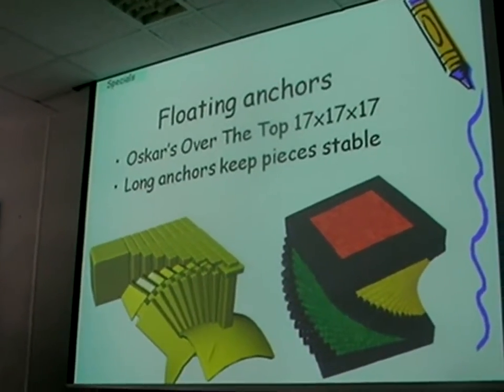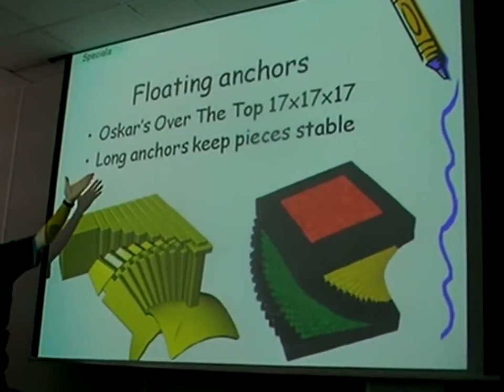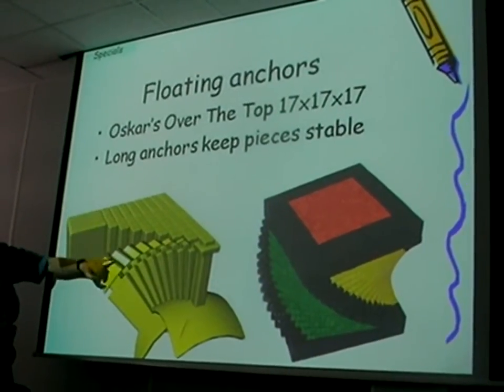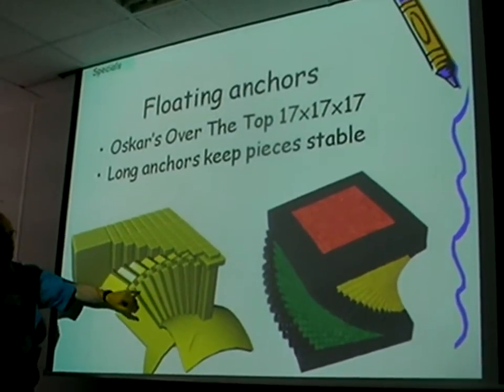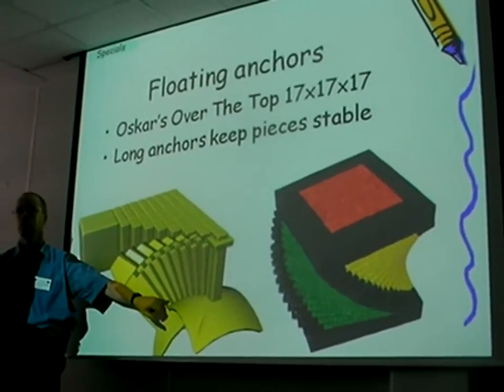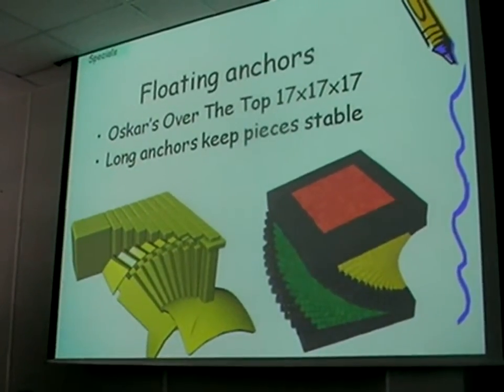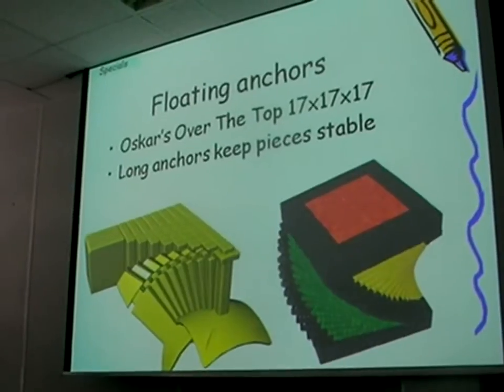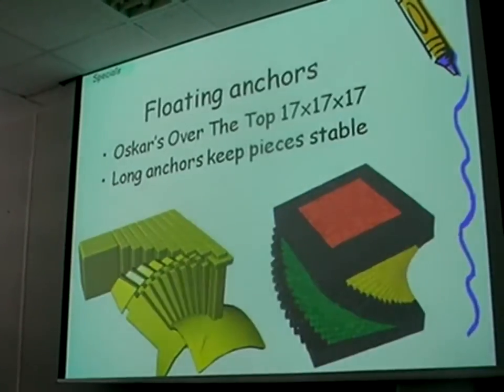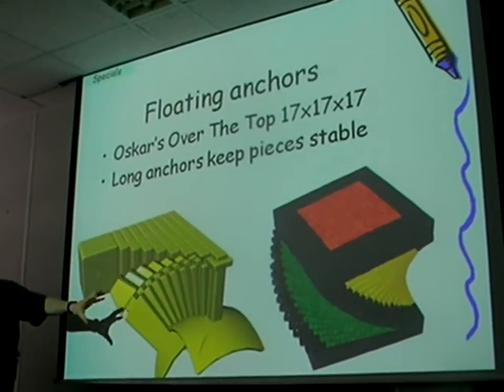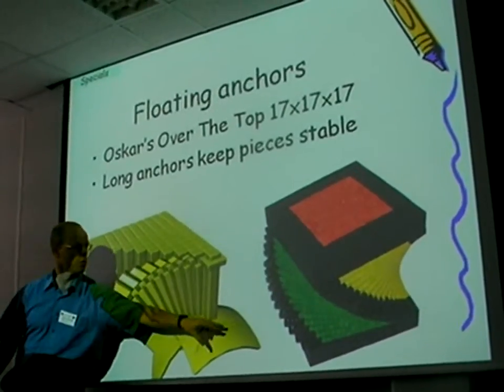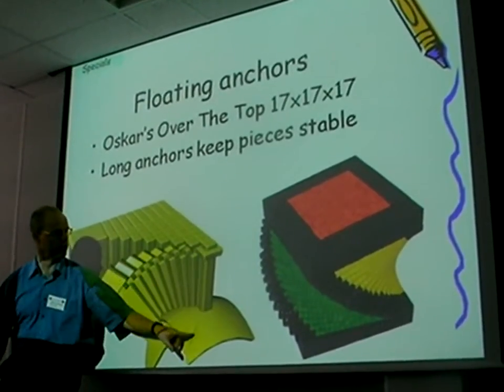So the solution that I found is the floating anchors technique, to have each piece have a very long anchor through the middle. So on the inside there's a sort of spherical Rubik's Cube, a 3 by 3. What you see here is the center.